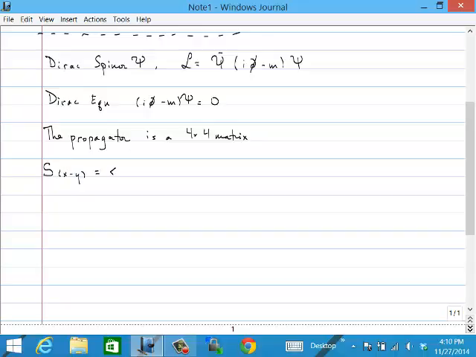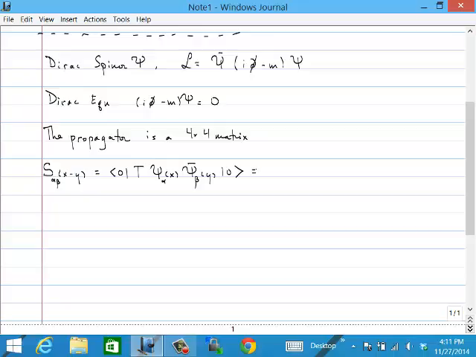So this is the time-ordered expectation value of psi psi bar. Although it's a 4x4 matrix, I've left off the spinor indices. If you like, you would write this as psi alpha, psi bar beta, where we have 4 indices for the first psi and 4 for the second psi bar.